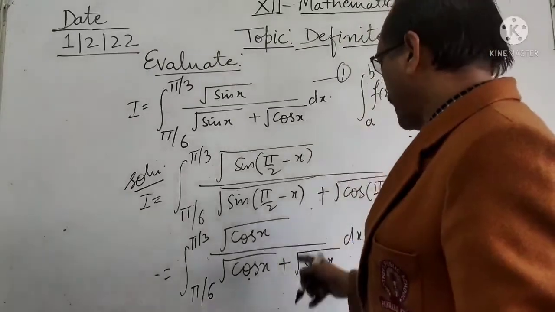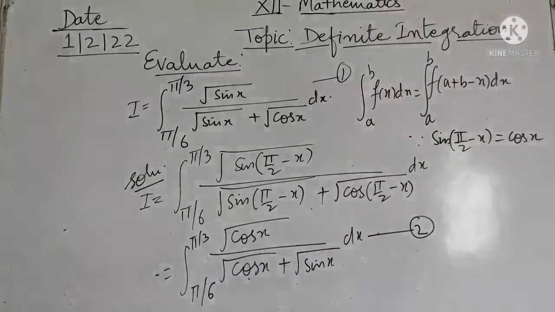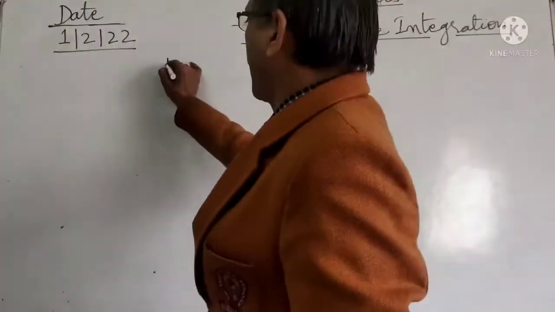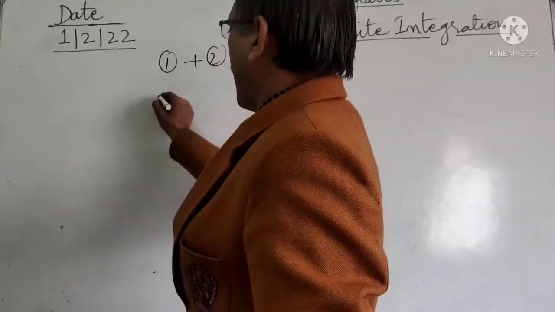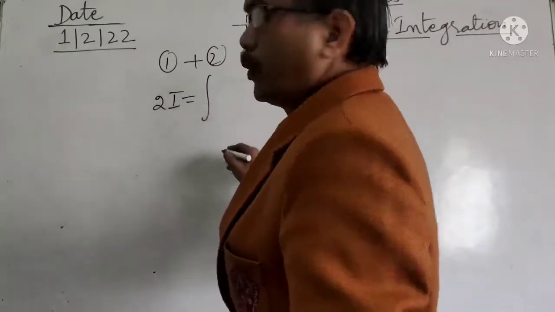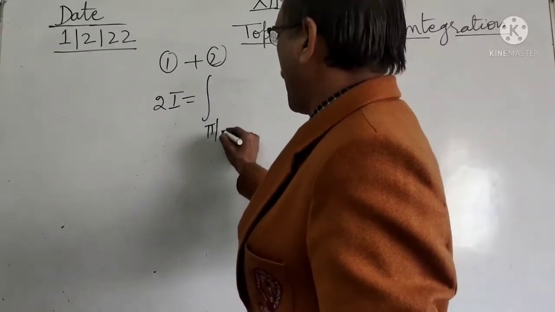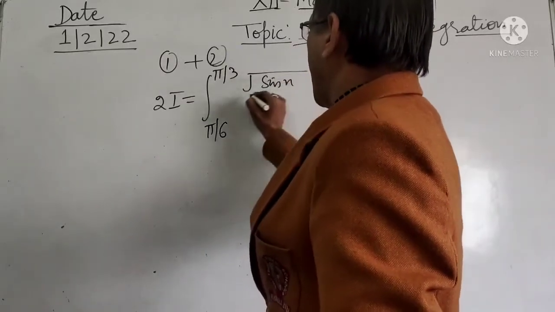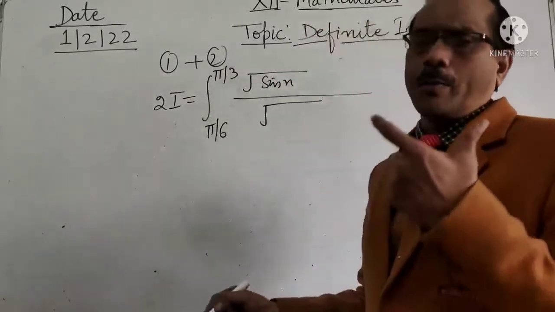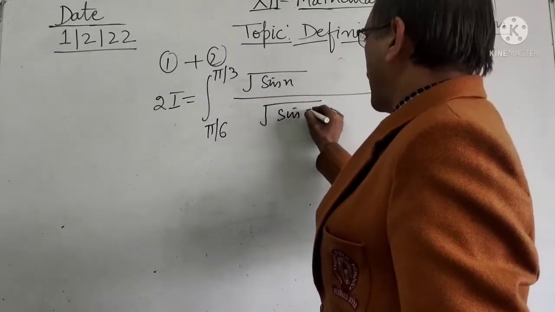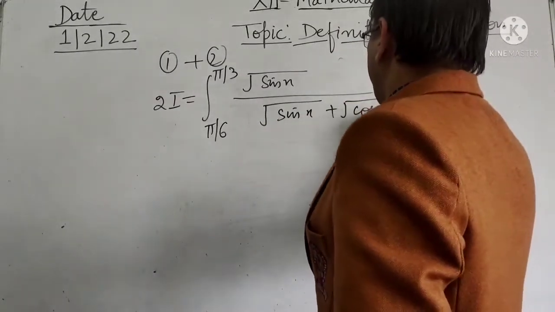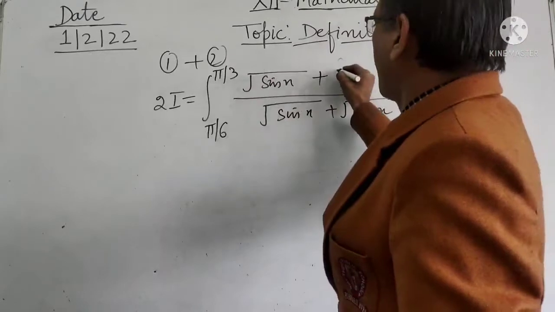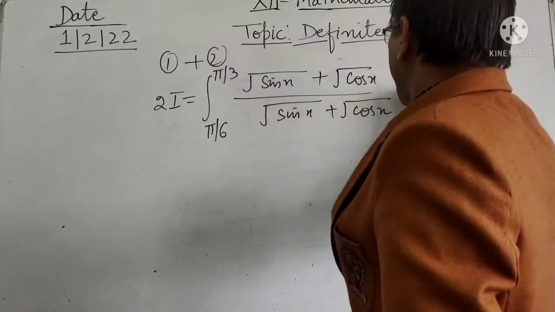So, after adding 1 and 2, we will get 2I equal to the integration, limit pi by 6 to pi by 3, of root sin x upon root sin x plus root cos x, and since the denominator is common, the numerator becomes root sin x plus root cos x, dx.